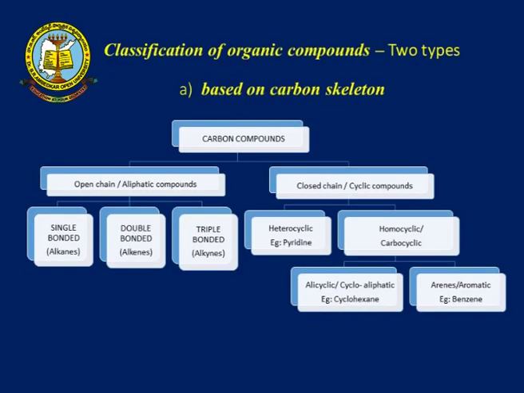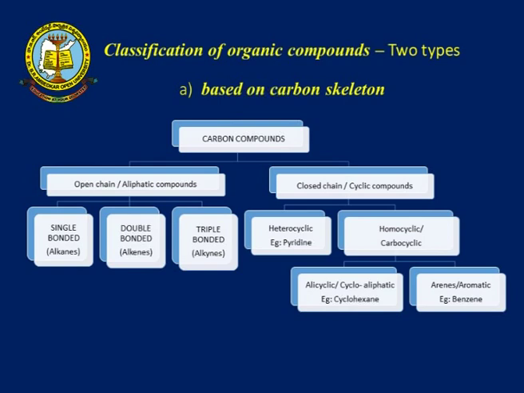First, let us see the classification based on the carbon skeleton. Depending upon the carbon skeleton, carbon compounds can be divided broadly into 2 types: open chain and closed chain. Open chains are also called aliphatic compounds, and closed chains are also called cyclic compounds.